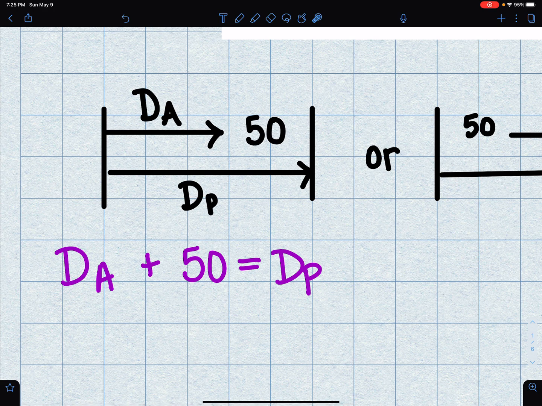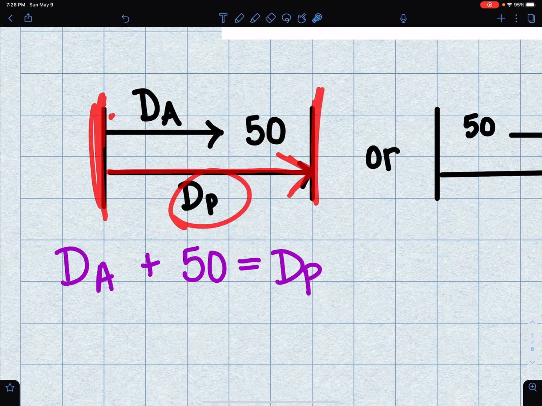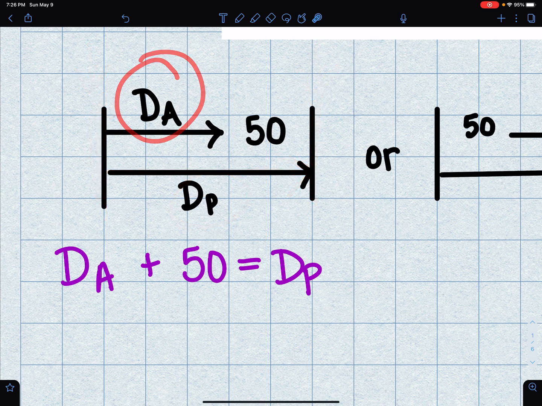You can still do a drawing. Here's the starting point. Here's the end point. Distance P went this entire distance from this starting point to this end point. But distance A looks like it stopped short, and it might give you a number like 50 feet or 50 farther, whatever units.